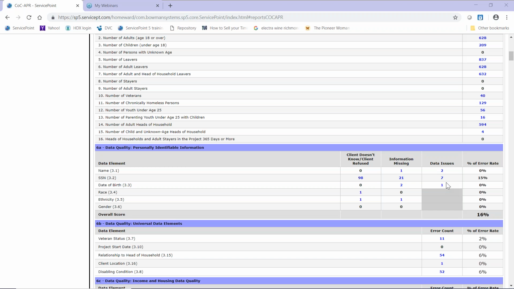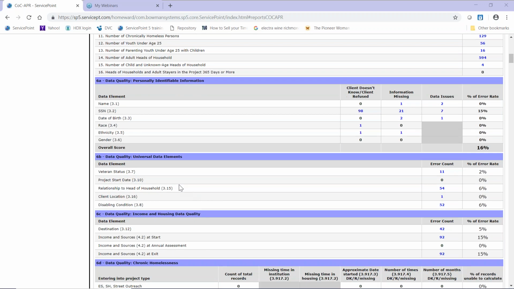So when you type in a client's name, you have a drop-down question that says name data quality. When you put in a social security number, the next question is social security data quality. And when you put in a date of birth, you have a date of birth data quality. And more than likely, the issues are because you didn't answer the data quality question that goes with those 3 questions.